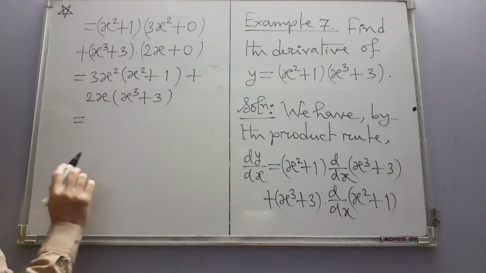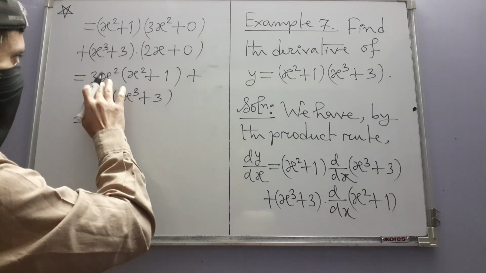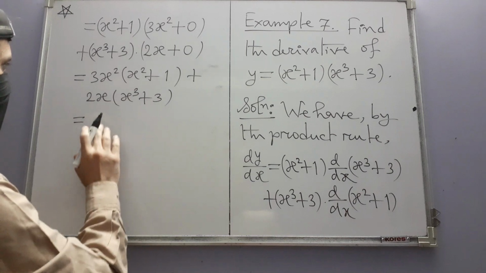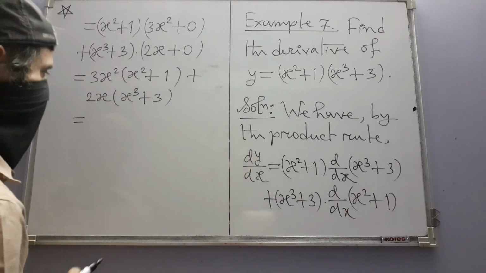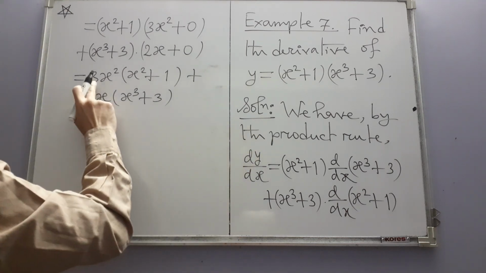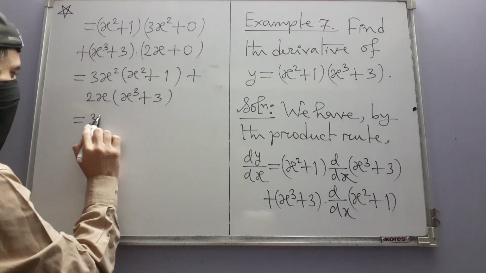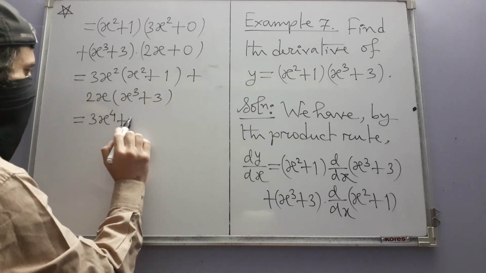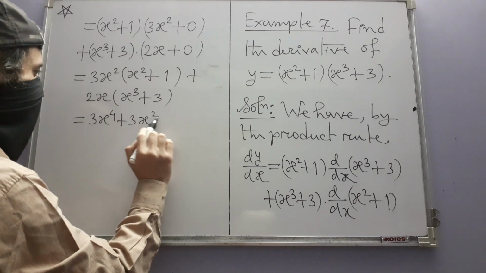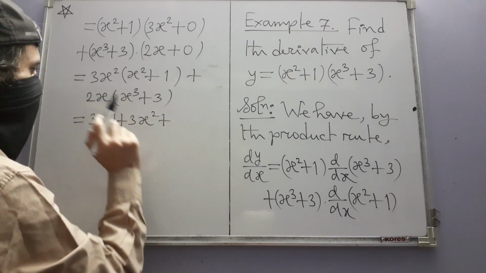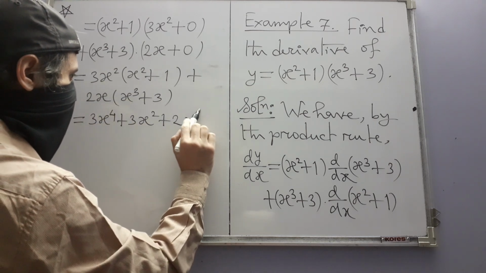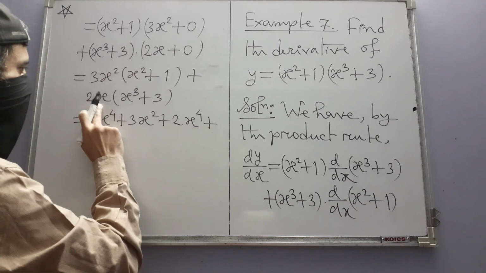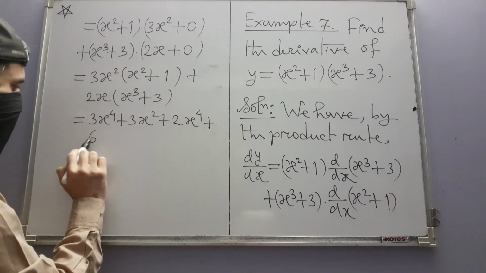Now let's just multiply the terms out and write a single polynomial. What shall we get? 3x to the power 4 plus 3x square plus 2x to the power 4 plus 6x.